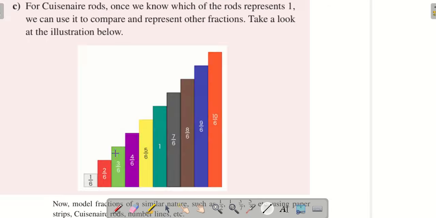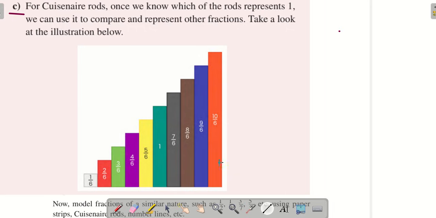Now let's look at the last model. This time we are going to use the Cuisenaire rod to also model a fraction. When we say the Cuisenaire rod, it is just strips of rectangles with different heights, where each height is just a double of the previous height.